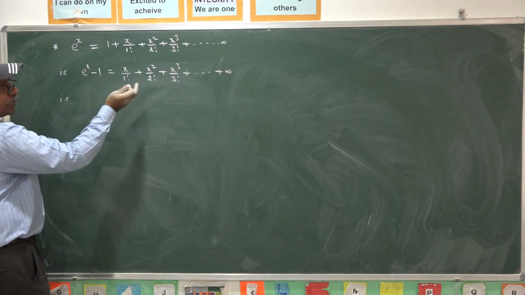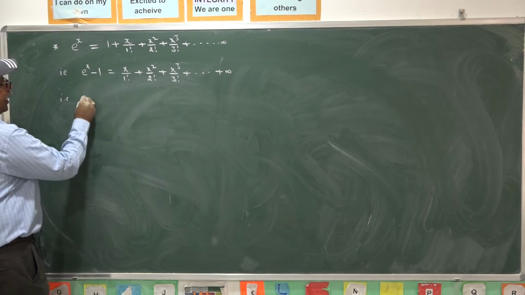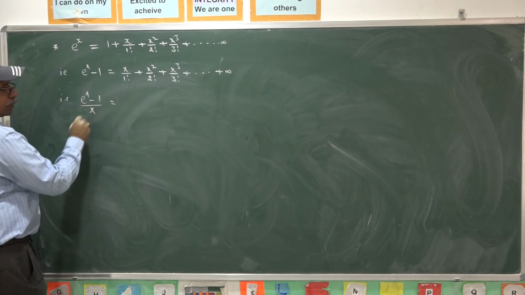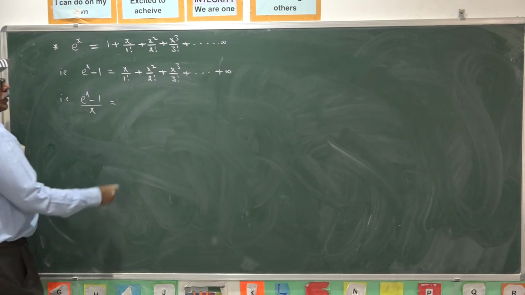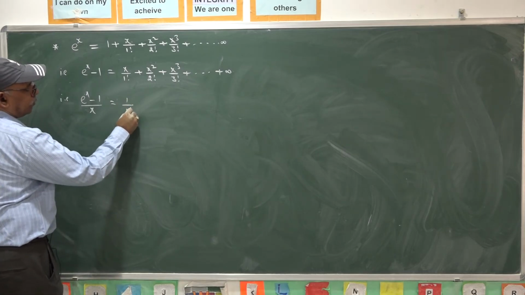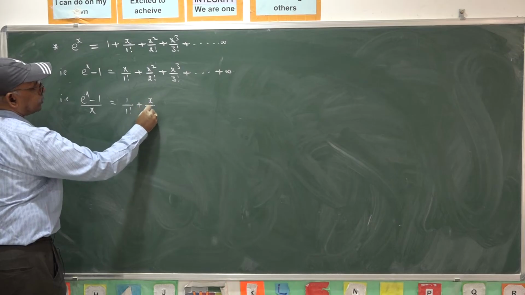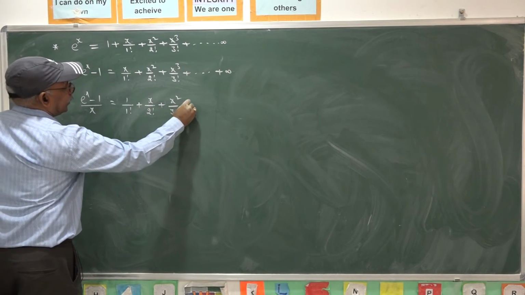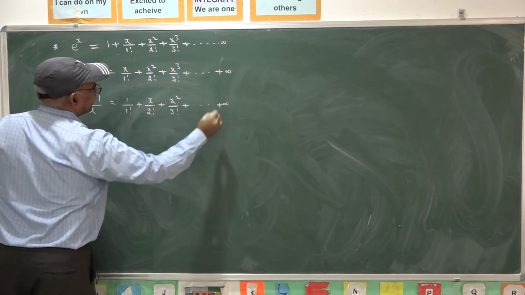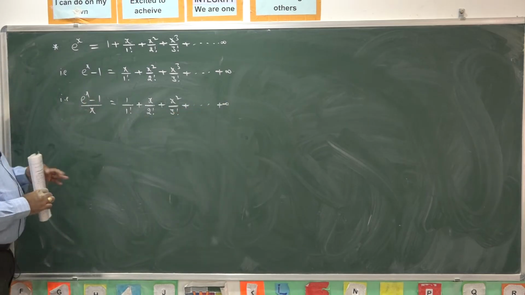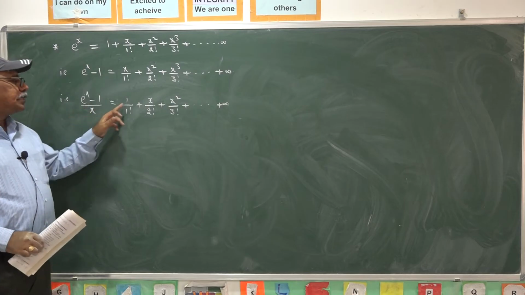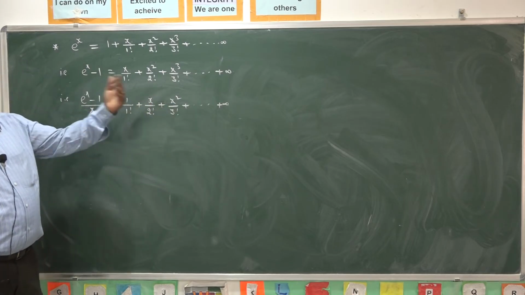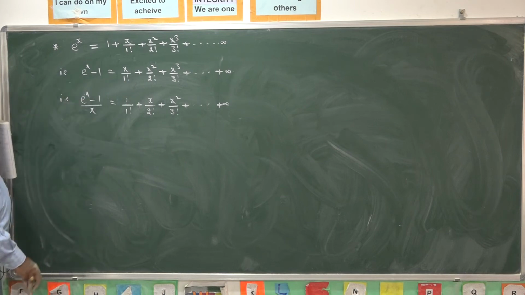Now, dividing both sides by x, we get e power x minus 1 by x is 1 by 1 factorial plus x by 2 factorial plus x square by 3 factorial and so on up to infinity.